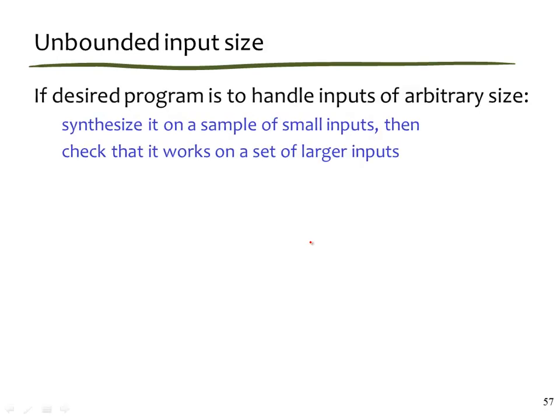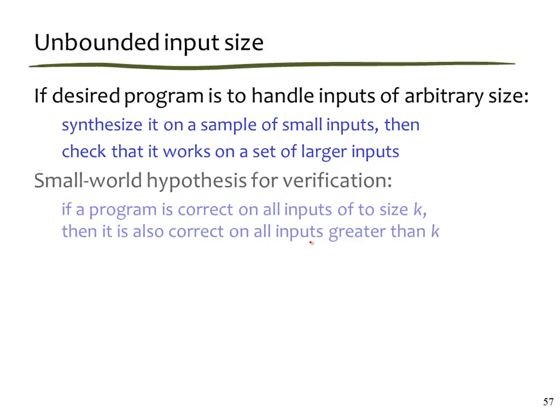So the way you do it is that you synthesize the program on a sample of inputs, again, of various small sizes, but you do it in such a way that you understand that the sketch has a sort of symbolic variable n, which is the size of the input. In the case of the list, there is no n, but the sketch will sort of have a loop or recursion that walks over the list. And so while you synthesize a program that works on the few sample inputs, when you generate it out, it will still contain the loop, and therefore it will accept and hopefully work correctly on all other inputs as well.